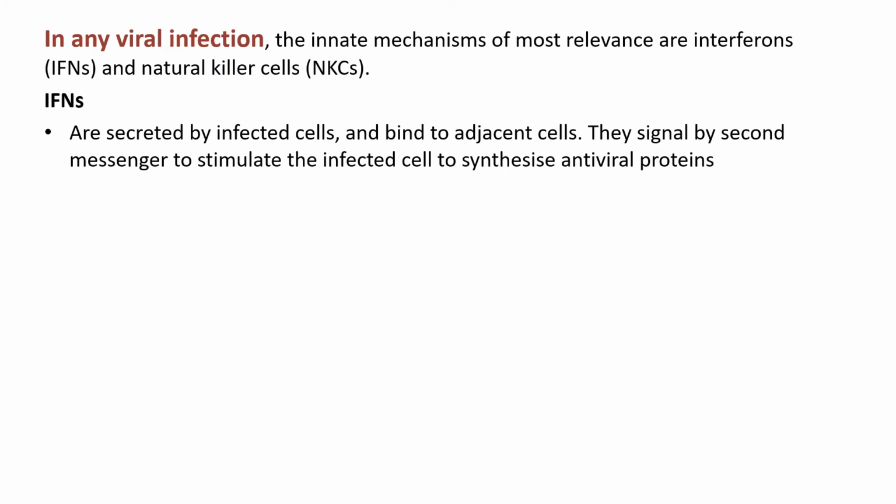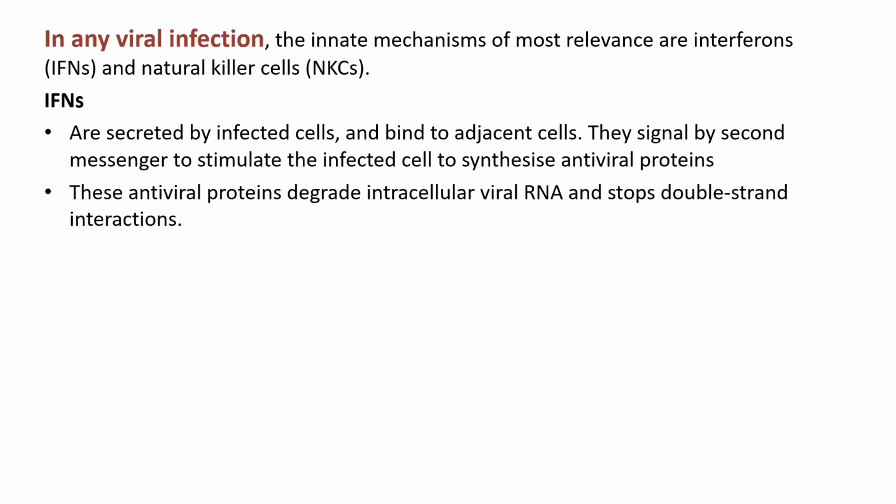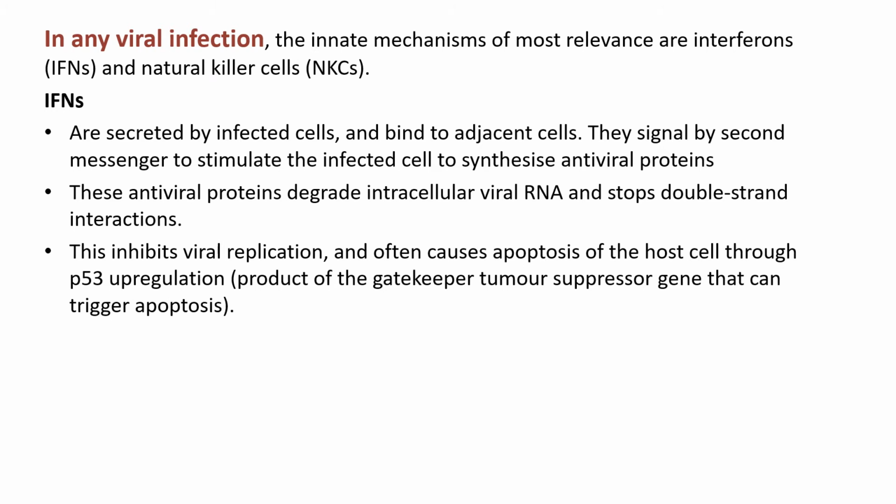They use a second messenger to stimulate the infected cell to synthesize antiviral proteins. The antiviral proteins degrade intracellular viral RNA and stop double-strand interactions. In other words, they're going to stop the hepatitis C virus from replicating. So it inhibits viral replication.